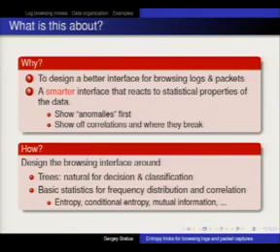So what is this all about? If you excuse me, I'll sit so that I can operate the demo. We want to design a better interface for browsing logs and packet captures.